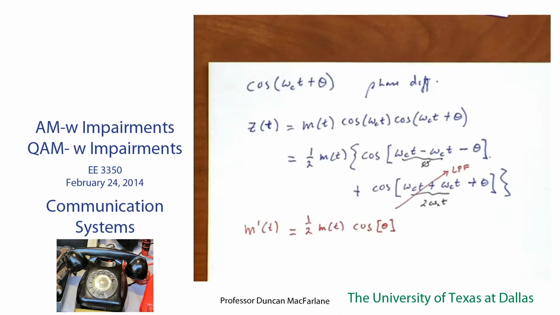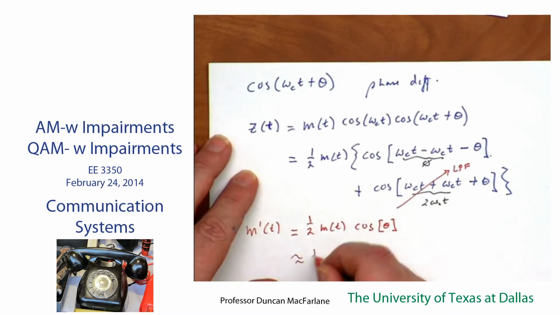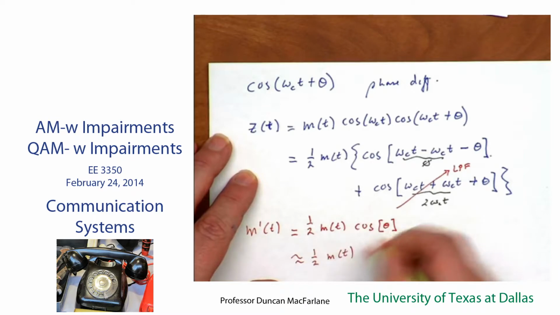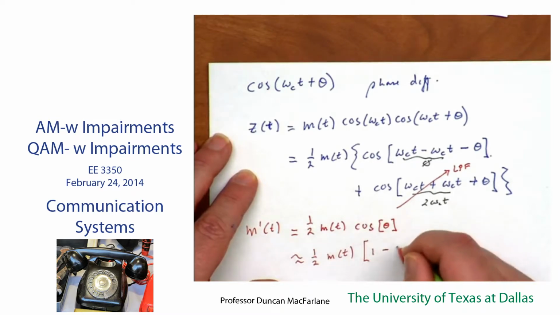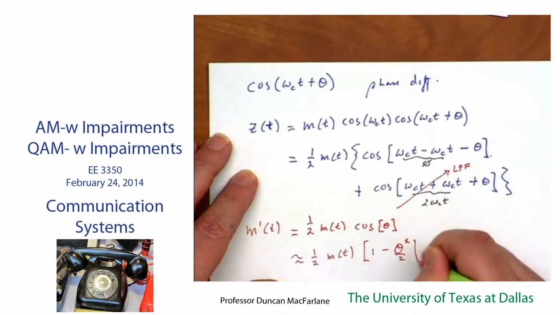So it will either give me the entire signal, 1/2 m of t, or it'll give me 0, or it'll give me somewhere in between. If theta is small, if it's a small angle, then this will be 1 minus theta squared over 2, I believe, right?